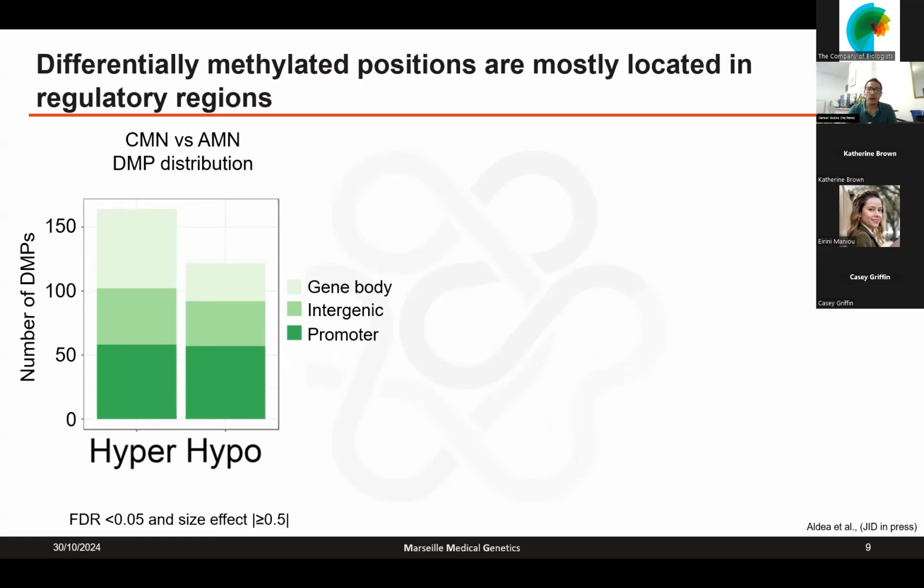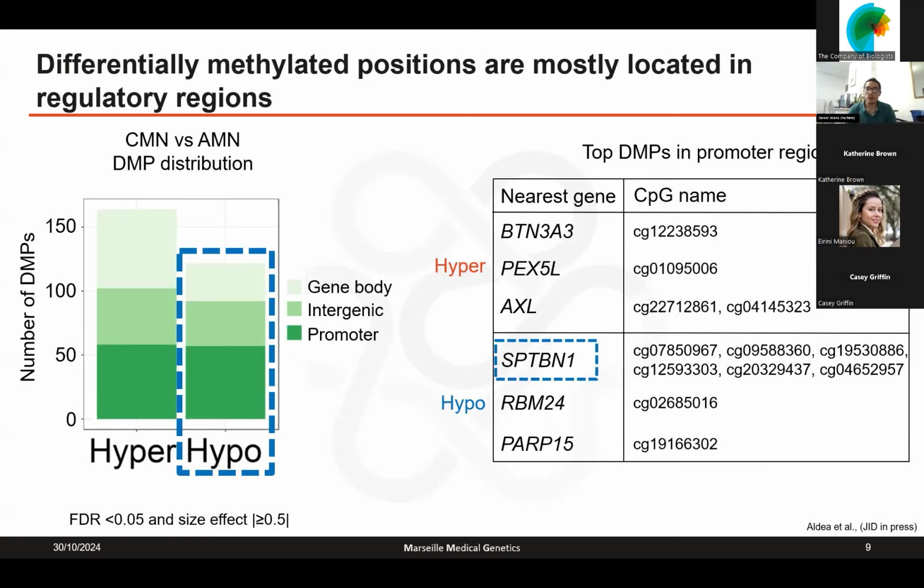And then when we look in detail at the top DMPs in the promoter region, what caught our attention was this gene called spectrin beta, for which we observe many of these CpGs located at the promoter region of this gene. And that means that they were hypomethylated in CMN compared to AMN.